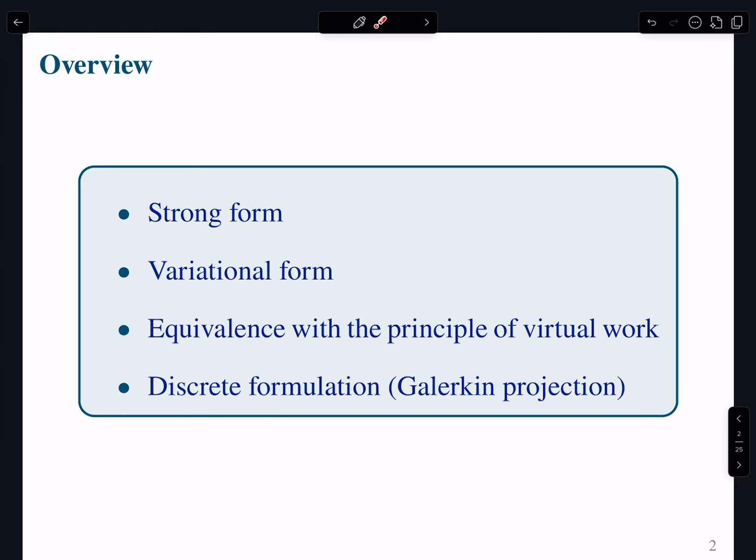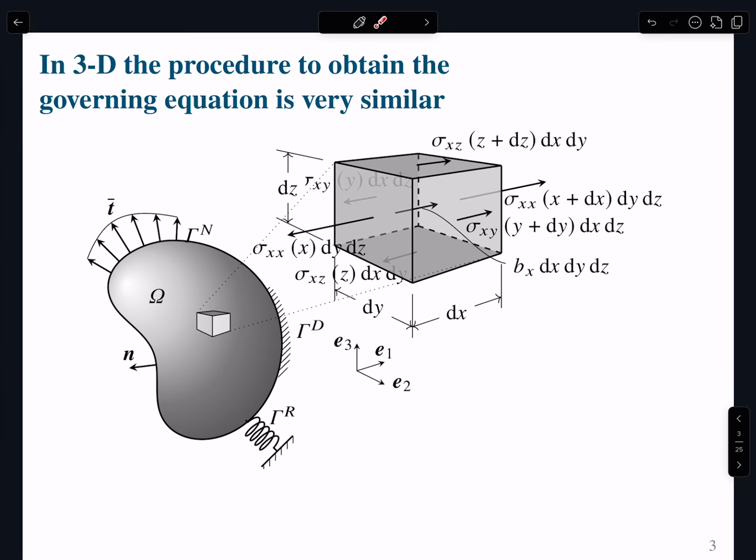The moment we talk about variational formulations, we're still living in an infinite dimensional space, so we adopt finite dimensional spaces, in particular finite element spaces, and we reduce the size of the problem so we can actually solve it in a computer. Again, for those of you who attended nonlinear mechanics, you are going to be quite familiar with what I'm going to discuss today. As we did in 1D, in 3 dimensions, we do the same.